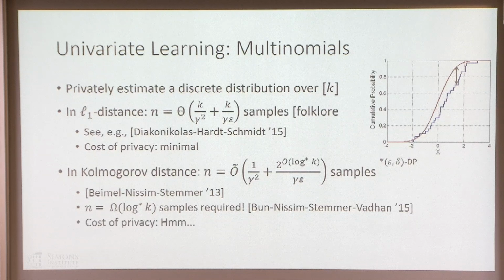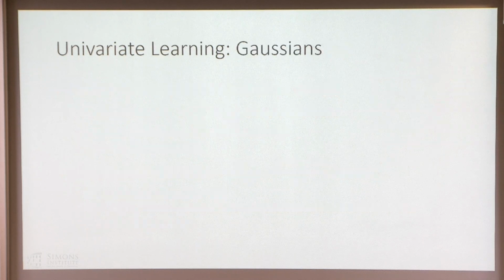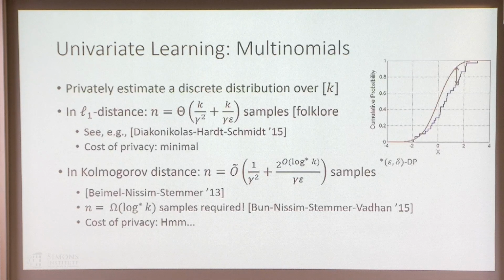I don't know how to really quantify this, but it is indeed a very expensive cost in the sense that before there was no cost in the domain size, and now you have one, even if it's minuscule. So this is a qualitative shift in the complexity, which I think is very interesting. Okay, sure. So for Kolmogorov distance here, I imagine the integers are ordered.